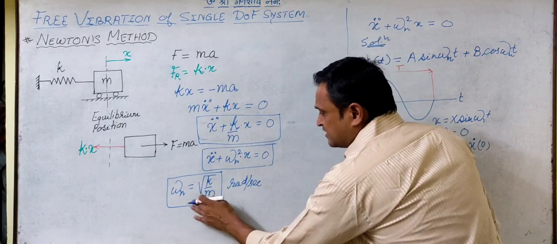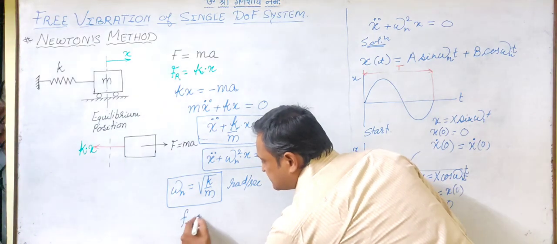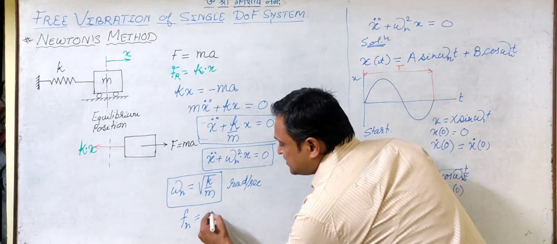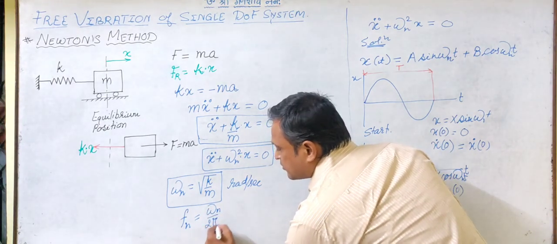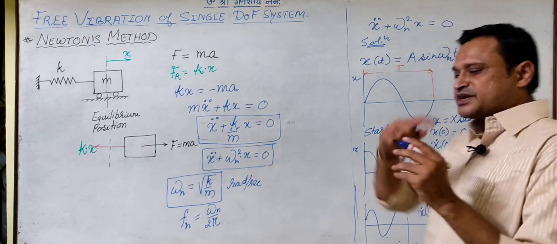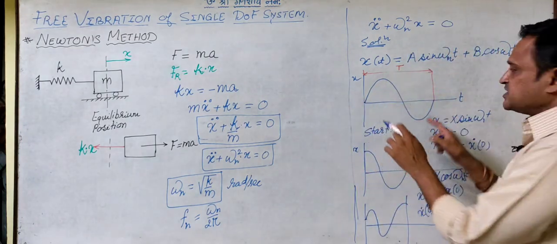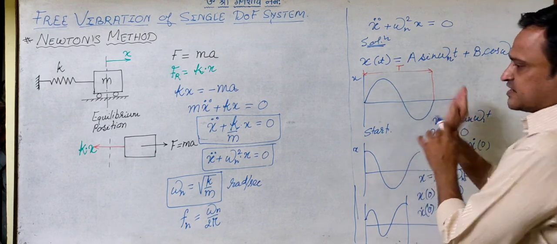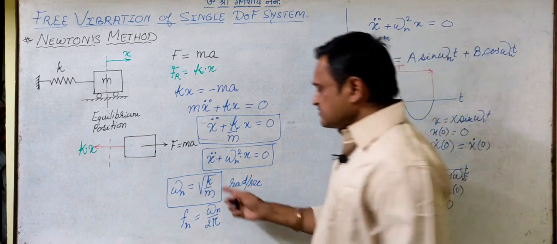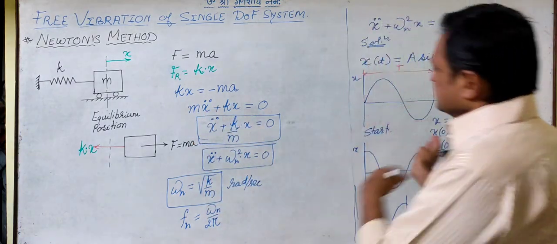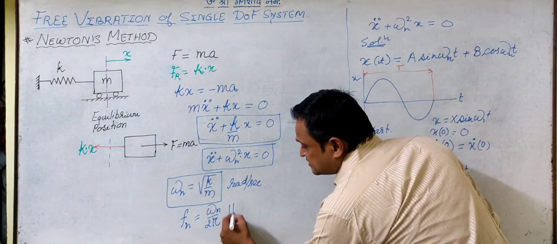This is the angular frequency, and in terms of cycles it will be omega n upon 2 pi. If we rotate a vector for 360 degrees, we get this expression, in cycles per second.